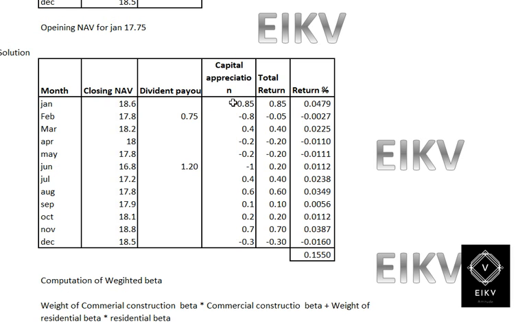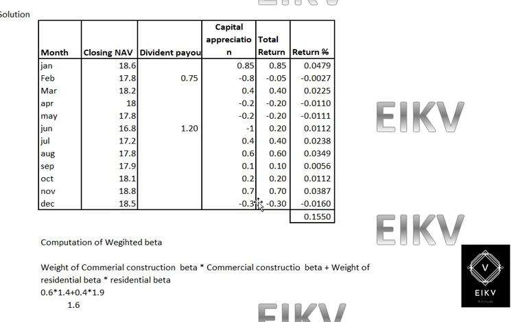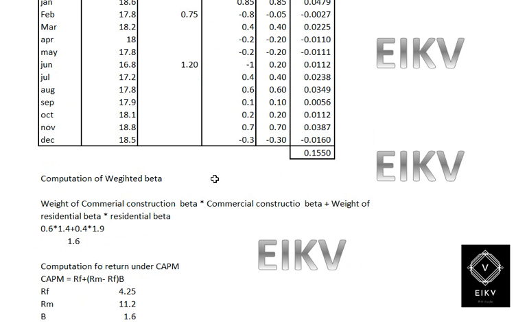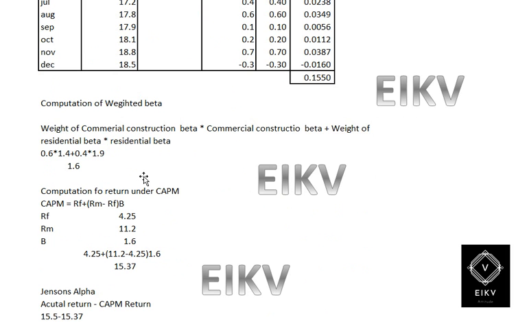When we add the dividend, it becomes the total return, and total return divided by the opening value gives you the return percentage. We need to compute the return for the entire 12 months, and when we take the total we get the return as 15.5, which means 15.5% as return.